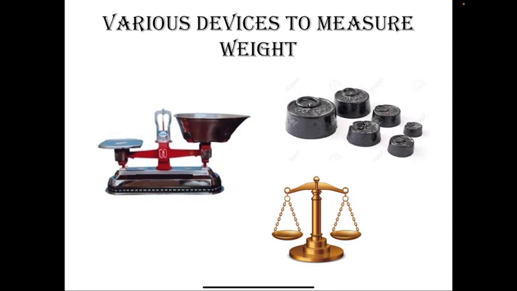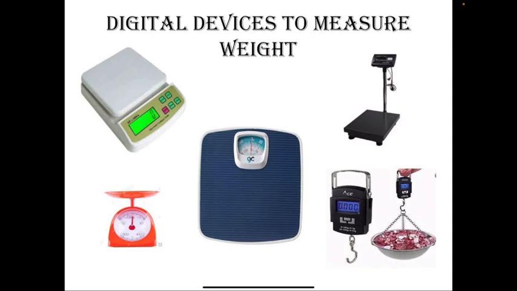Suppose they have to make some dish, so in that they used to measure small things and use them. Okay, so many of you must be having these at home also. And with these physical balances, these types of weights were used, which you can see here. But now digital balance devices are used.